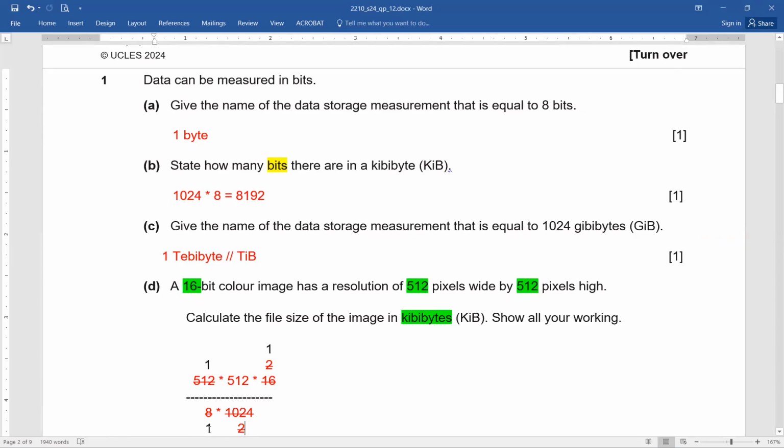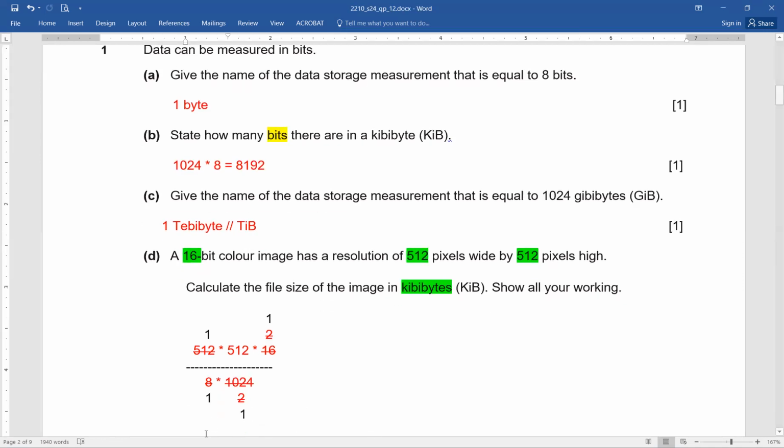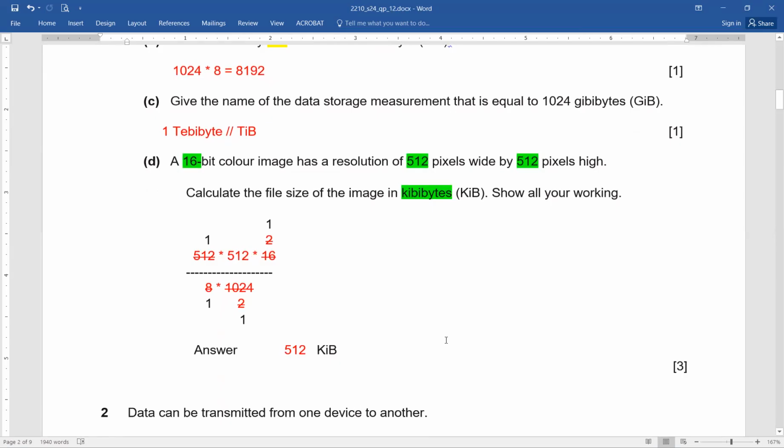Then 8 times 1 is 8 and 8 times 2 is 16. And then we have divided by 2 once again, and the 2 cancelled with this 2, and we are left with only 1 in the denominator and 512 in the numerator. So see, you have done it so quickly, and the answer is simply 512 kibibytes.